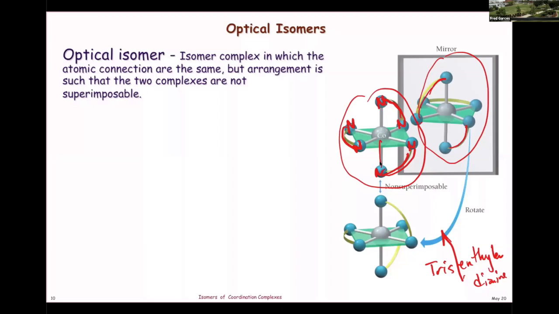What generally happens is that you synthesize both, and then it's up to the chemist, or someone who's really smart, to separate them apart. But that's just a lot of pain. You have to have special equipment for that. So these are optical isomers.